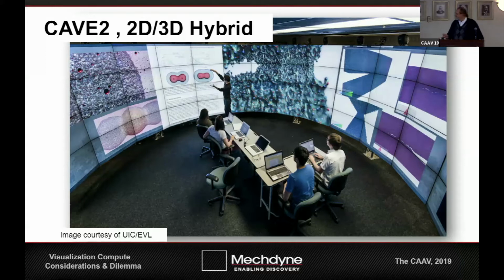So in this case, each vertical column, 3 of those columns would be driven by 1 PC. So there'd be something like 8 or 9 PCs driving the entire system for a simulation. But any data visualization or video or things like that shown on the wall would typically come through a Windows type controller for the system.